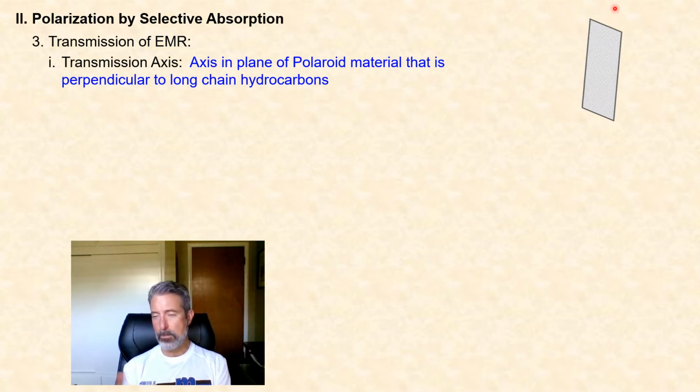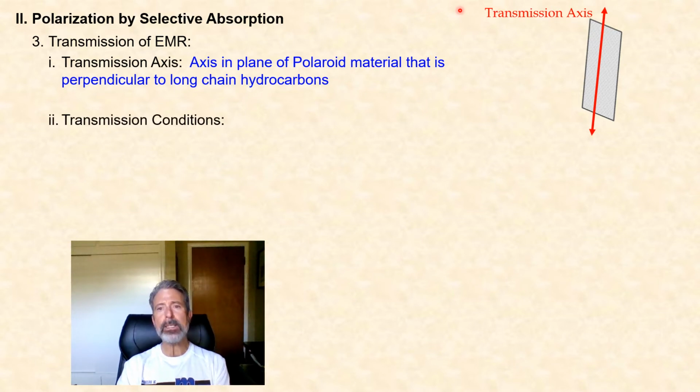So in this sample of this pretend piece of Polaroid material, you'll notice that the long chain hydrocarbons are in the horizontal direction. If you look closely, you can see that. So we would then say that the transmission axis for this piece of Polaroid material would be in the vertical direction. So let's formally state these transmission conditions.